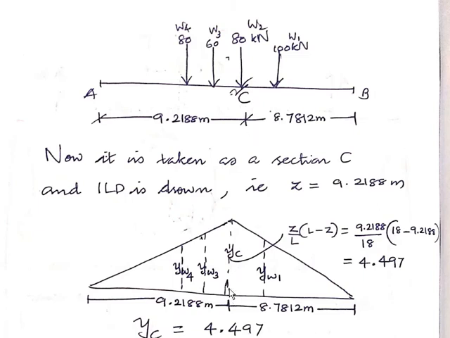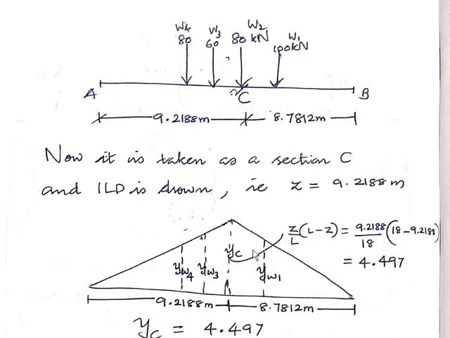So for that section draw the ILD for bending moment, and we know that the ordinate here, YC, is equal to Z by L into L minus Z. Substitute the value of Z equal to 9.2188 meter.